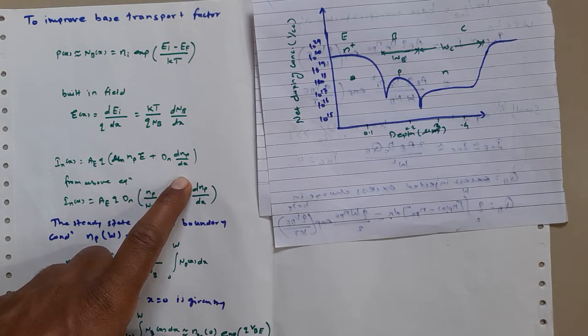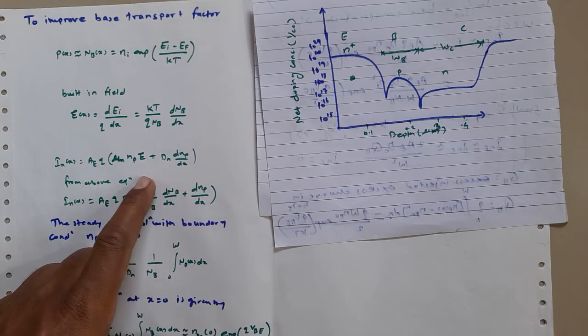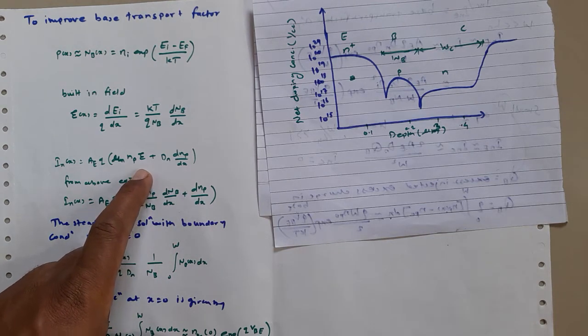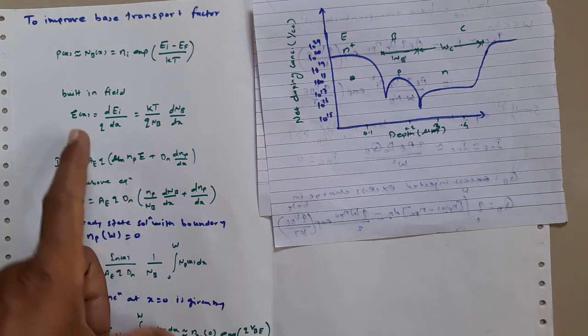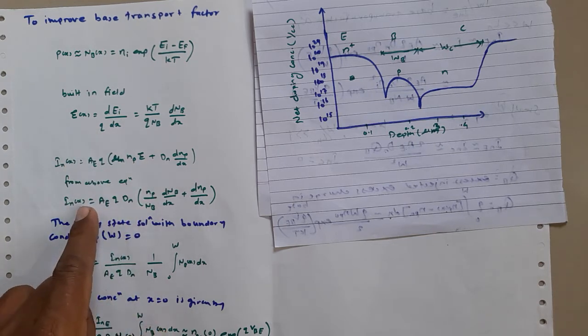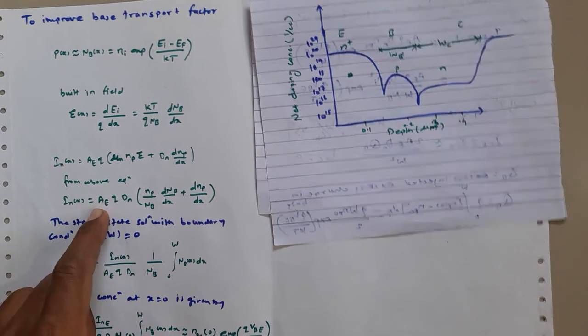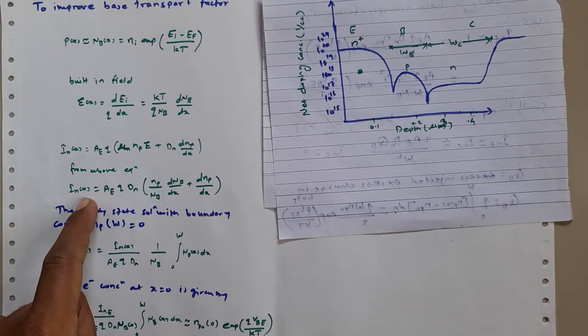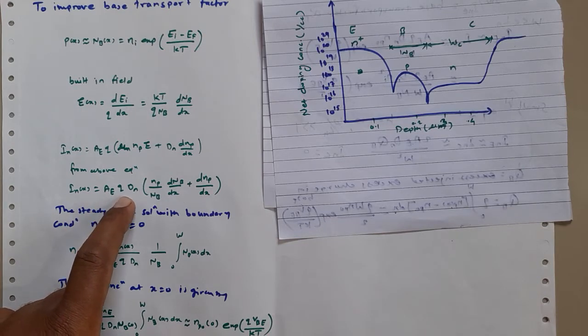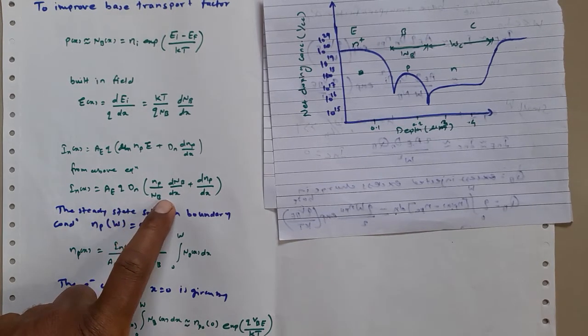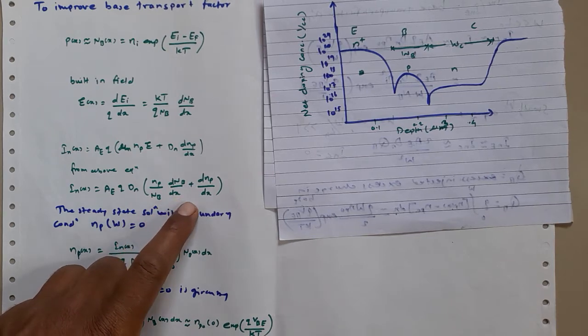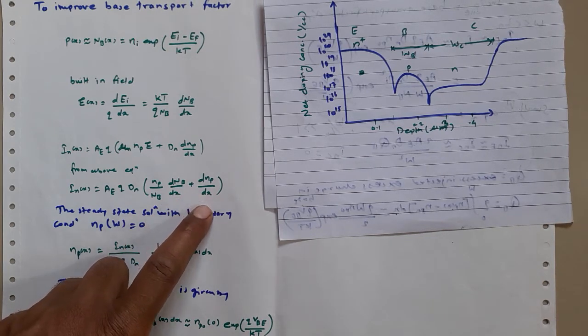Substituting the electric field from the above equation, that becomes In of x equal to A q Dn times (np by nb dnb by dx plus dnp by dx). Do remember these factors.